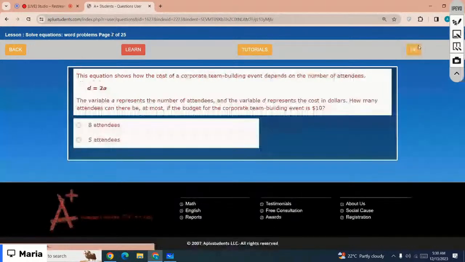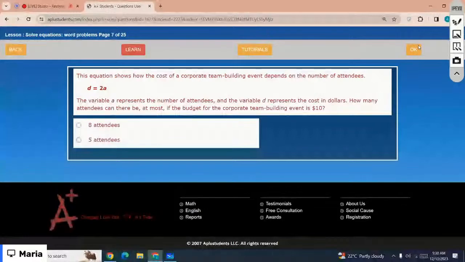Okay, this equation shows how the cost of a corporate team building event depends on the number of attendees. D equals 2A. How many attendees can there be at most if the budget for the corporate team building event is $10? You are given the budget that is $10, right?